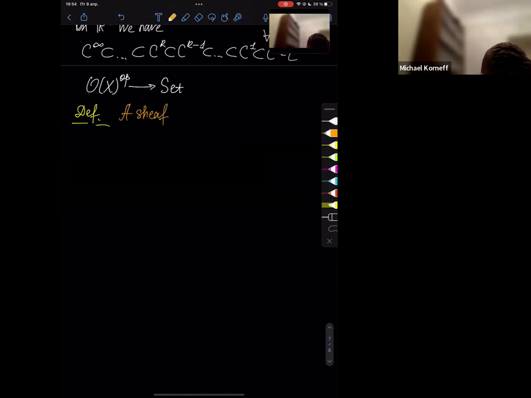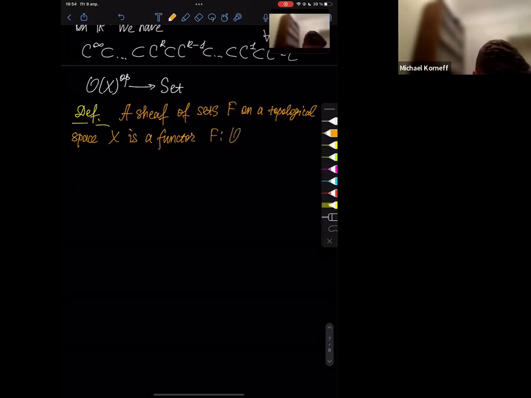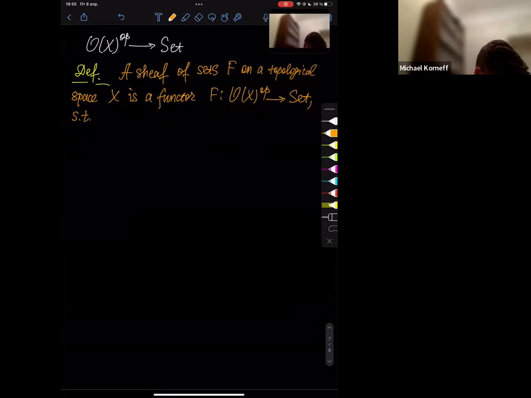A sheaf of sets F on a topological space X is a functor F from this category to the category of sets such that each open covering gives an equalizer.